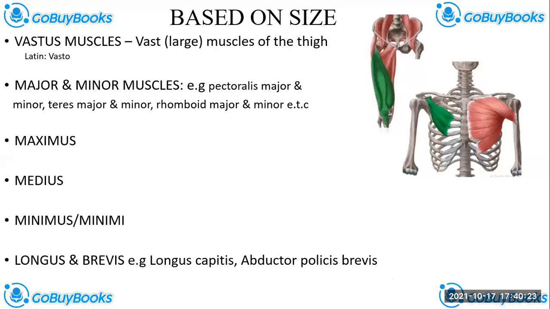Longus means long. Any muscle with longus attached to the name, like the longus capitis, is a long muscle, which is why they call it longus capitis. Brevis means short, as in abductor pollicis brevis.